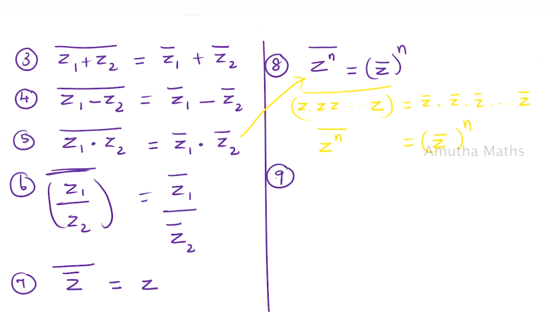Right. Now the 9th property is a very important property, that is z is equal to z bar if and only if z is real.